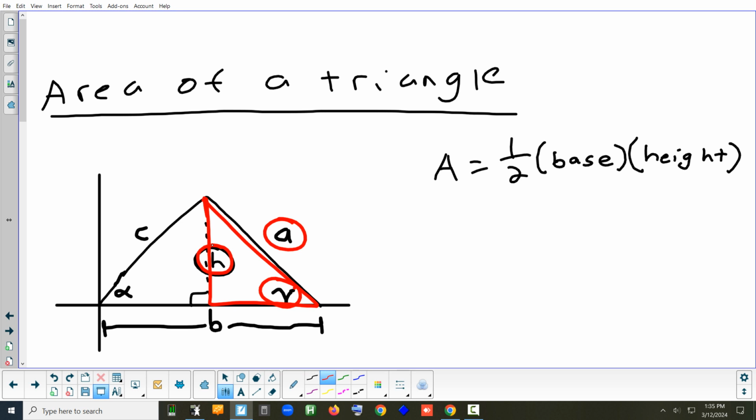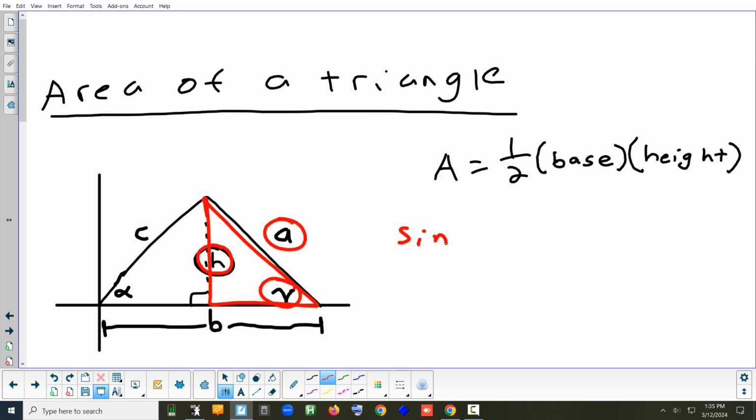What position is h relative to gamma? Opposite. H is opposite. And what position is a? Hypotenuse. What trig function has opposite and hypotenuse? Sine.